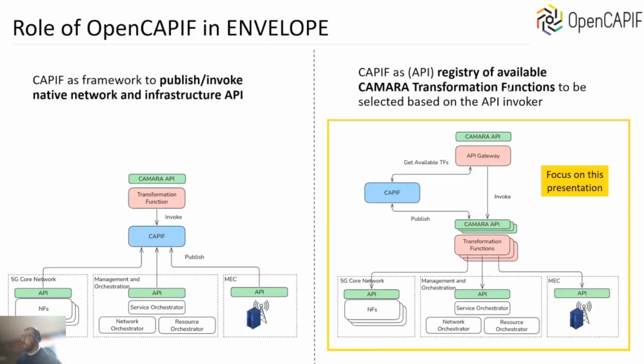So you can just invoke the CAMARA APIs, and the API gateway is in charge of interacting with CAPIF. But of course, you can get rid of the API gateway, publish your transformation function on CAPIF and interact with CAPIF directly. I see. Now that clears it up. Thank you. Many thanks.